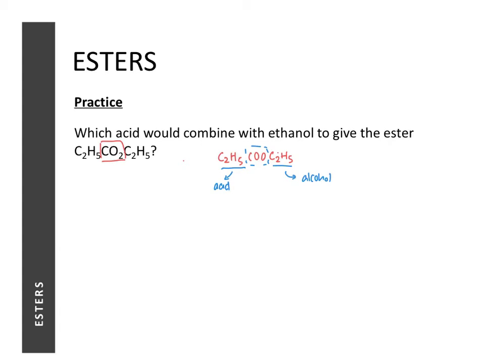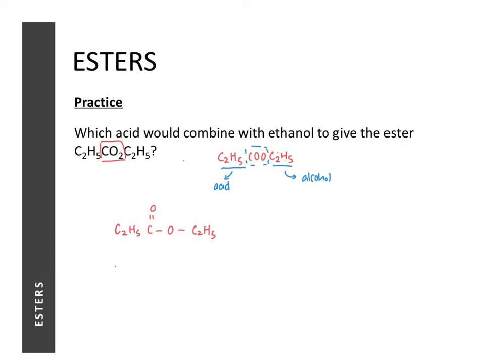So essentially, if I were to draw out the structure of this condensed formula, it actually looks something like this: COO C2H5. The question is asking which acid will combine with ethanol to give the ester.